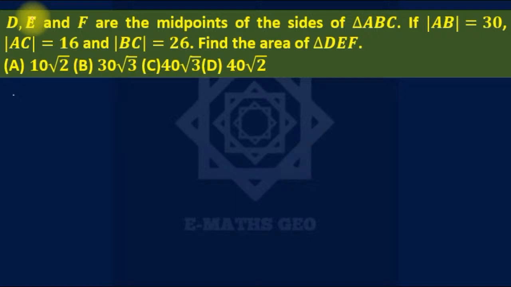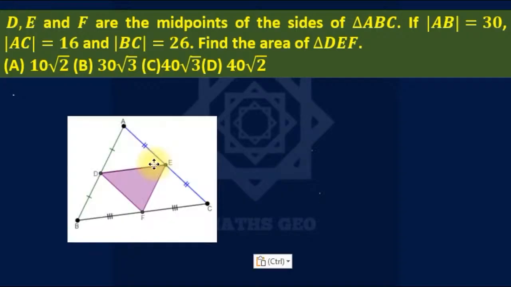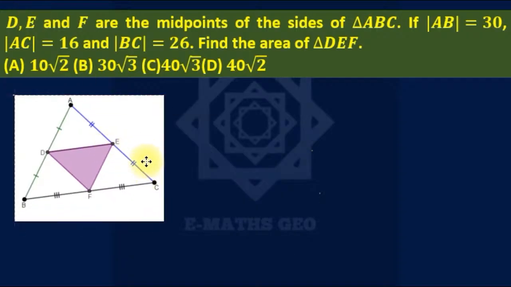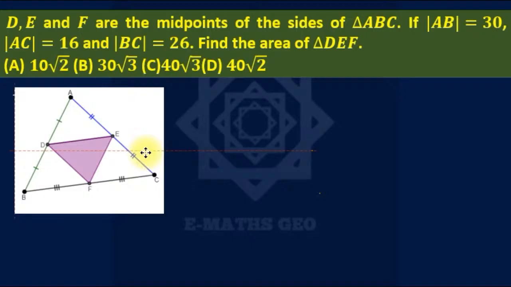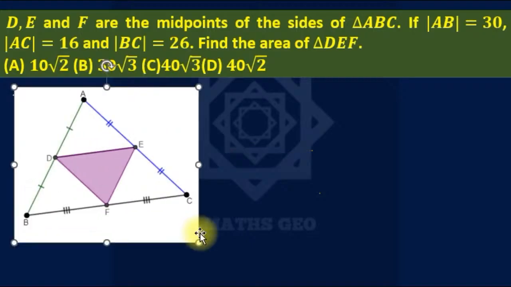So see what I'm saying? You have this triangle. So since these are the midpoints, we see that AC is 16.